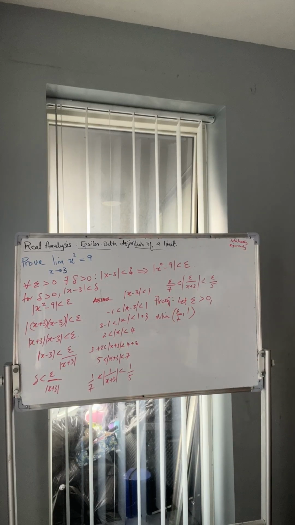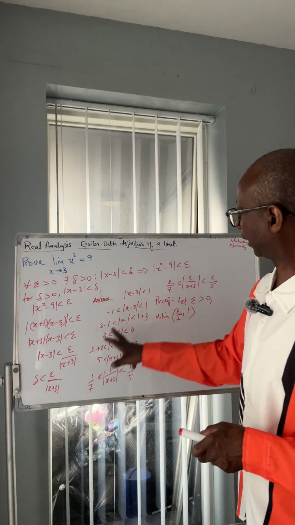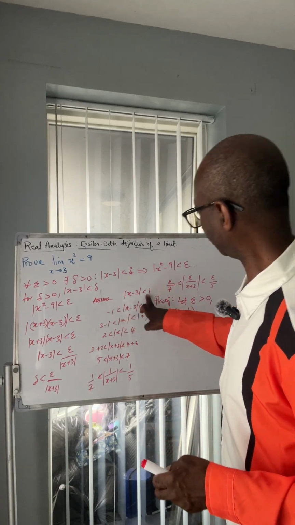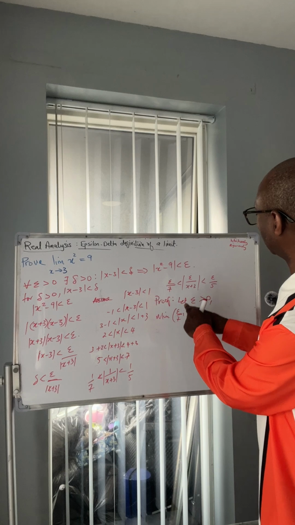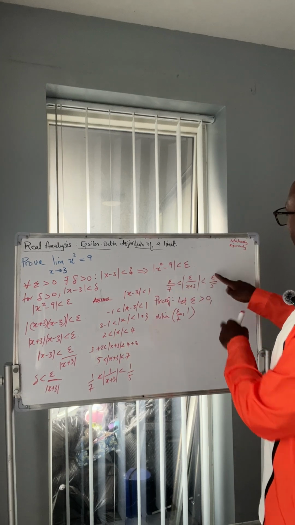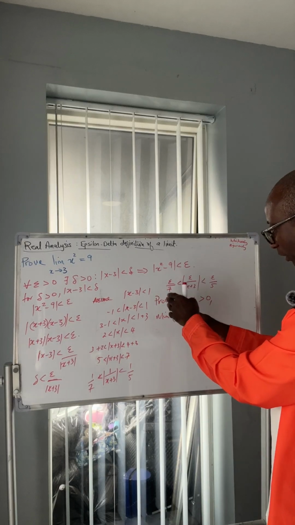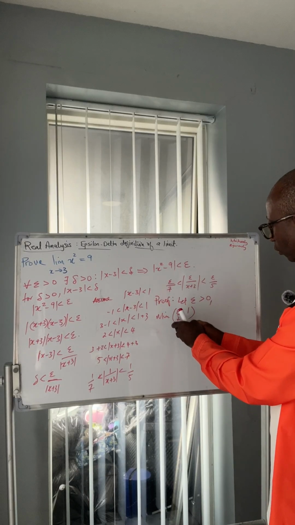We'll find which one is smaller among the two. You know, because we chose 1 before here to do our manipulation. And we know epsilon over 7 is smaller than epsilon over 5. These two, we already know this is smaller. So we'll look for the smallest one, which is epsilon over 7.